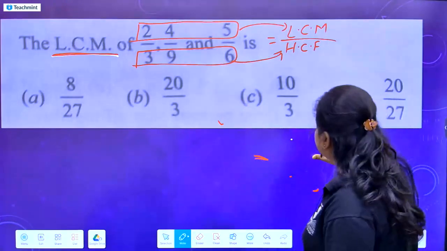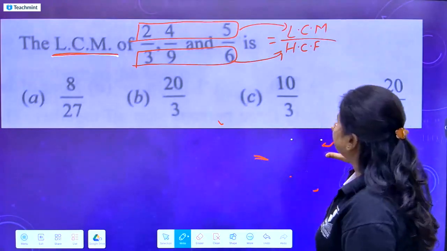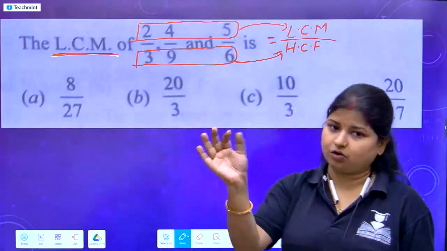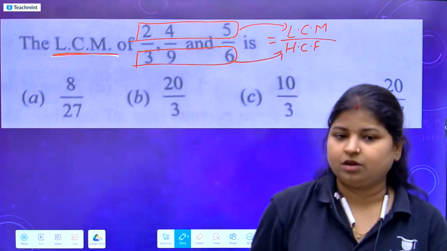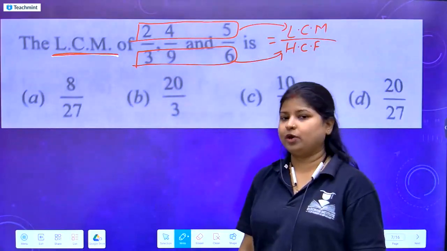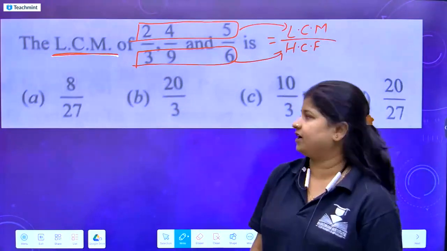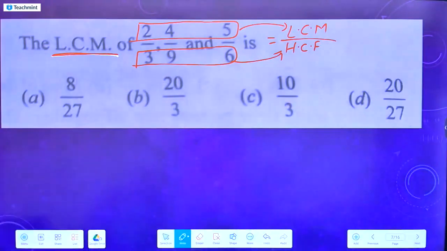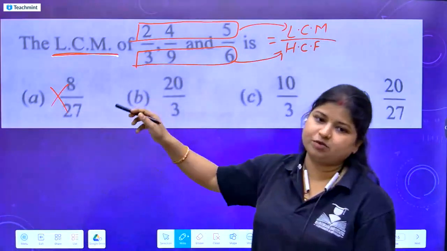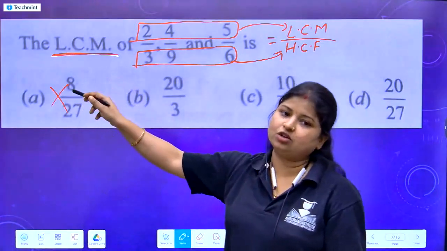LCM का मतलब कि जिस भी नंबर का LCM आपने निकाला है, वो डिविजिबल होना चाहिए उन नंबर्स से. Is 8 divisible by 2, 4, 5? No, 8 is not divisible by 2, 4, 5. So you will remove this option.